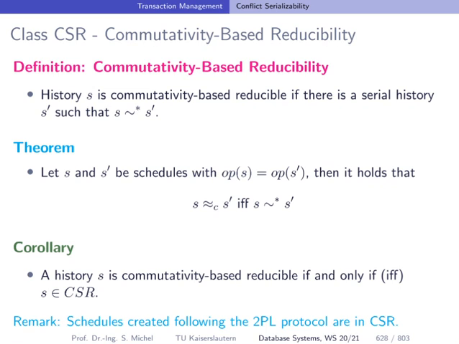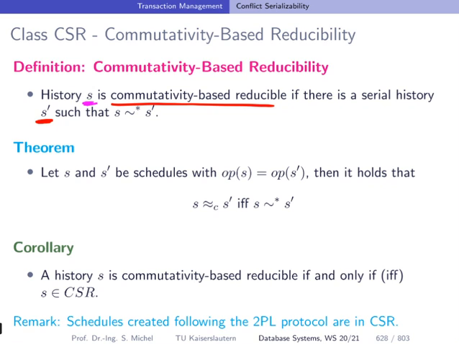The multiple application of these swapping steps can also be formulated as so-called commutativity-based reducibility. So if you have this S and you have a serial history S prime, and you can reach S prime by one or multiple of these swaps, then we say S is commutativity-based reducible to this S prime, which is a serial history.